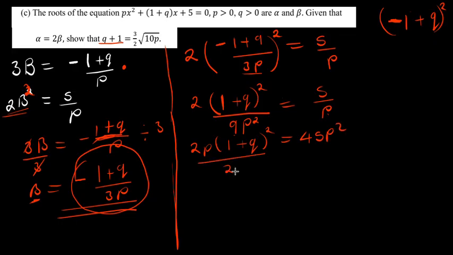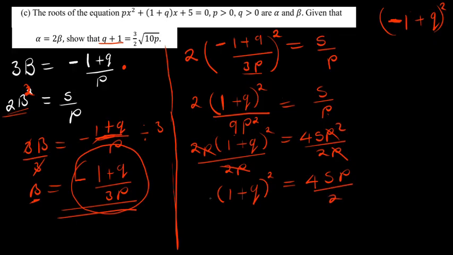Then I'll divide this by 2p, meaning that I'll have 1 plus q squared equal to, so this p and this p will cancel, I'll have 45p over 2. Now if you check out, I have the square root this side.